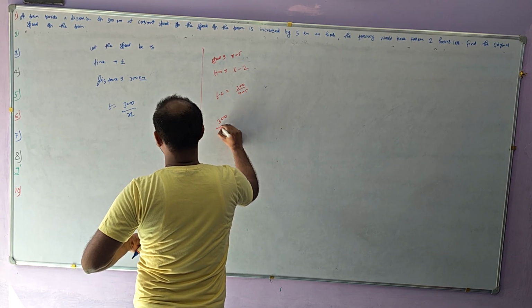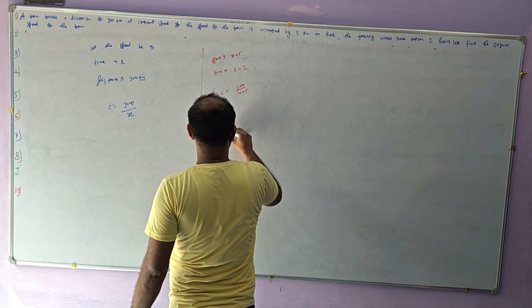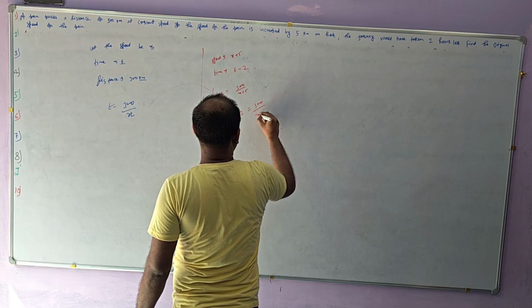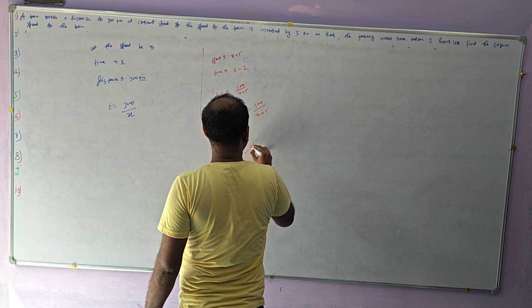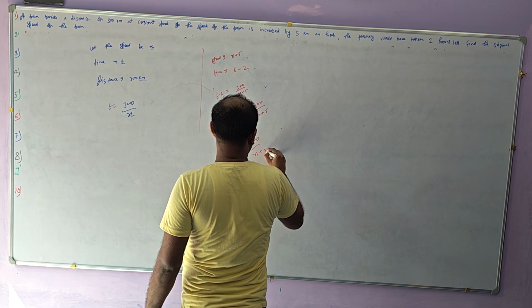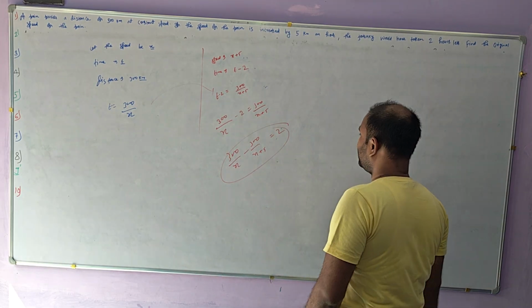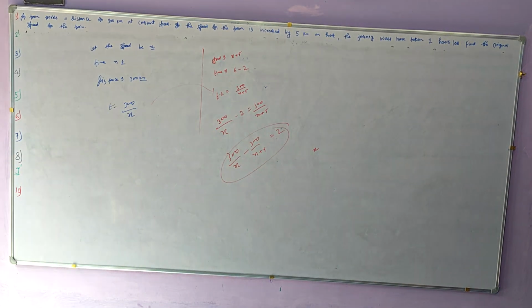Now we can put that t is equal to this here. 300 upon x minus 2 is equal to 300 upon x plus 5. We get an equation and we solve this and we can easily find out x.